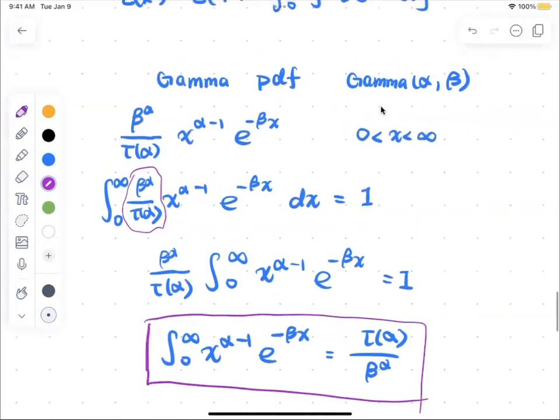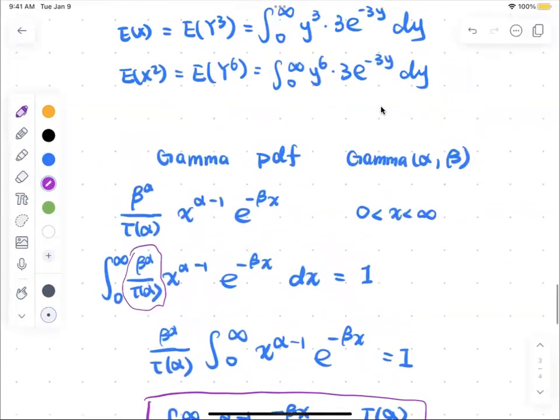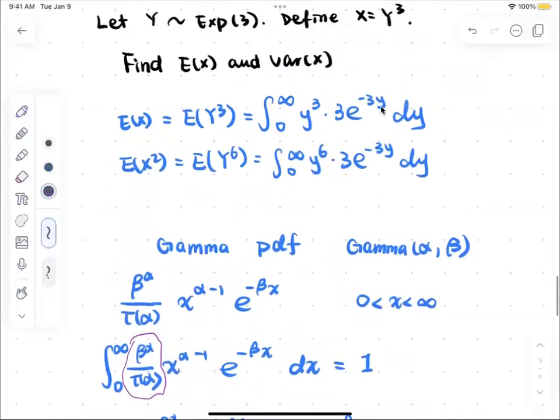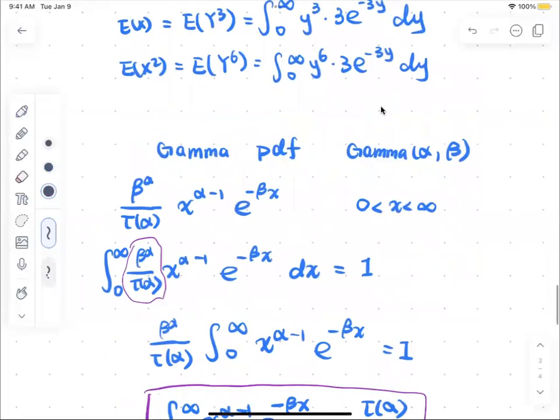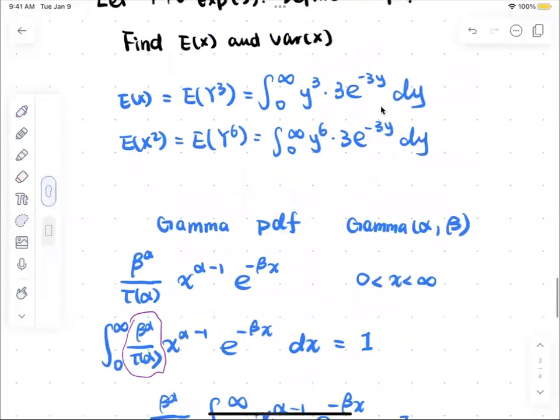And now let's go back to the question. We are going to evaluate these integrals. So let's look at the first one first.